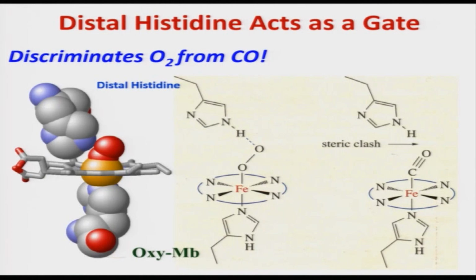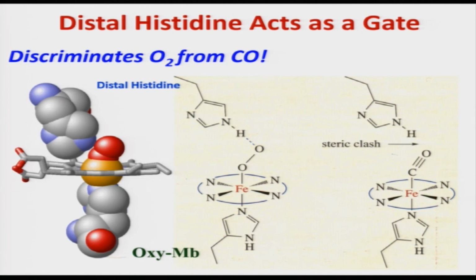I also discussed the importance of design in discriminating oxygen from carbon monoxide just by using the distal histidine as a gatekeeper. As you can see, while dioxygen comfortably fits inside the cavity, it is also facilitated by hydrogen bonding with the distal histidine.